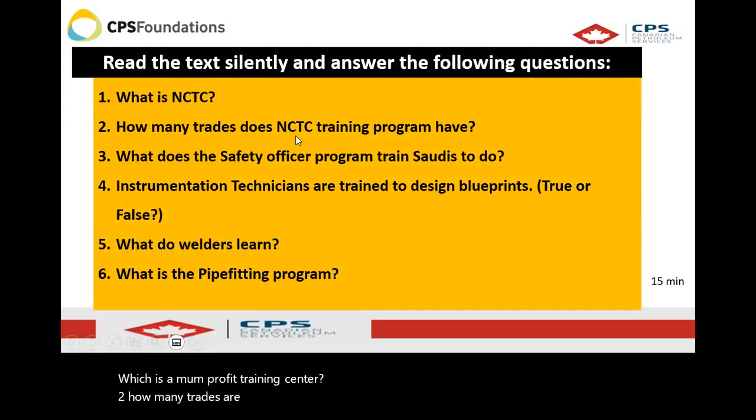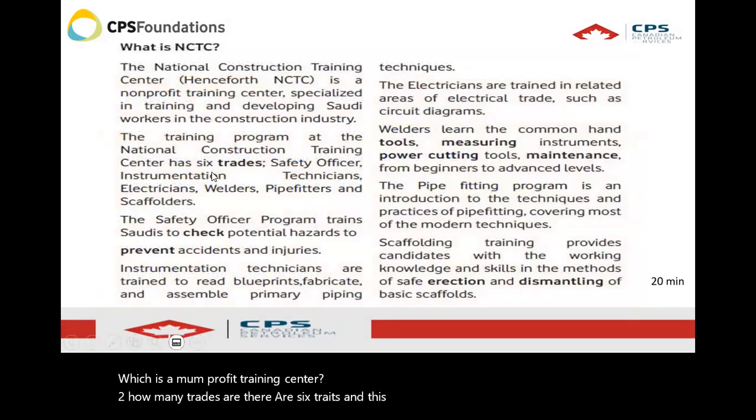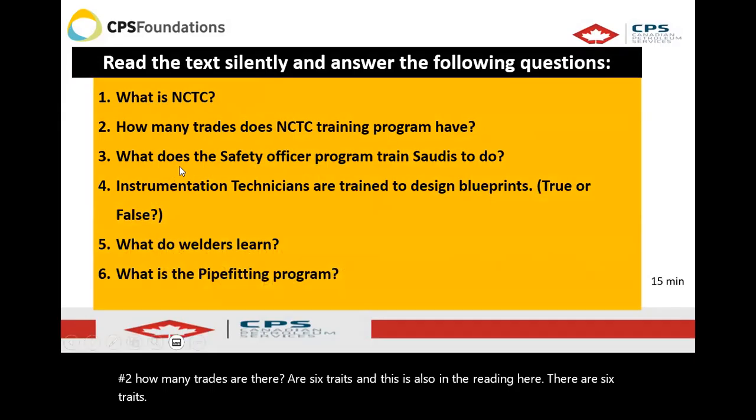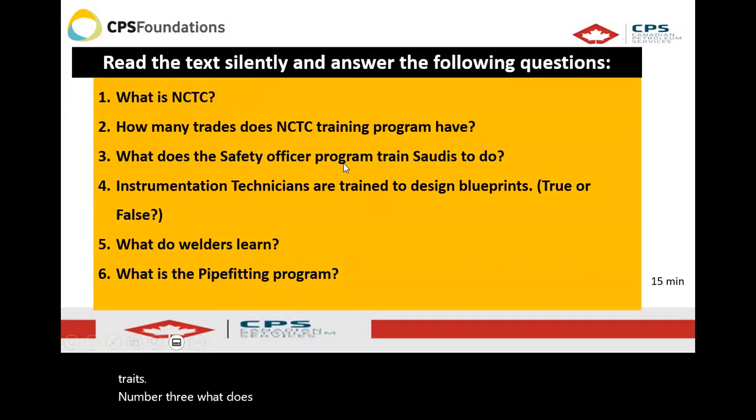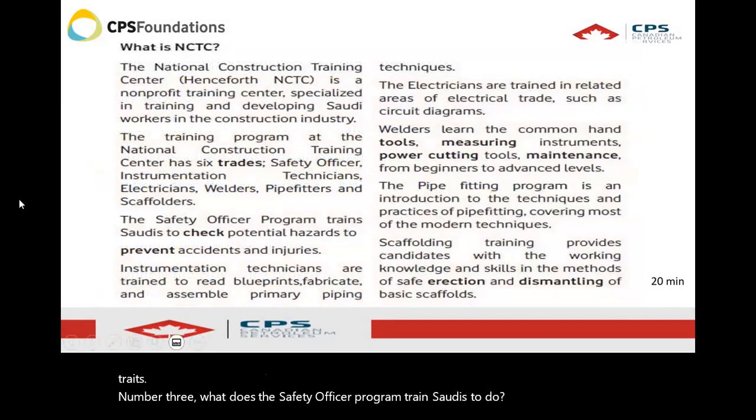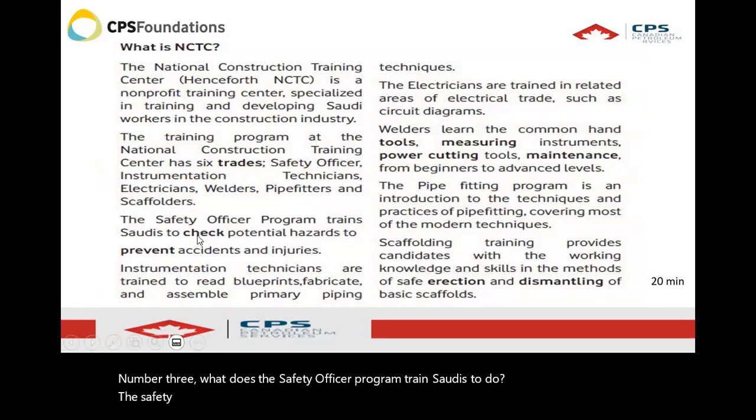There are 6 trades, and this is also in the reading here. Number 3, what does the safety officer program train Saudis to do? The safety officer program trains Saudis to check potential hazards, to prevent accidents.